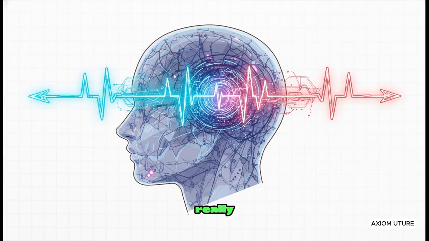And here's the really cool part. These impulses, these spikes, they aren't just random noise. They actually form very specific, repeatable patterns. So the thought to move a cursor to the left, that creates one pattern of spikes. The thought to move it right, that creates a totally different one. These spikes are the brain's native language. And for the very first time, we actually have the tech that can listen in and understand what it's saying.